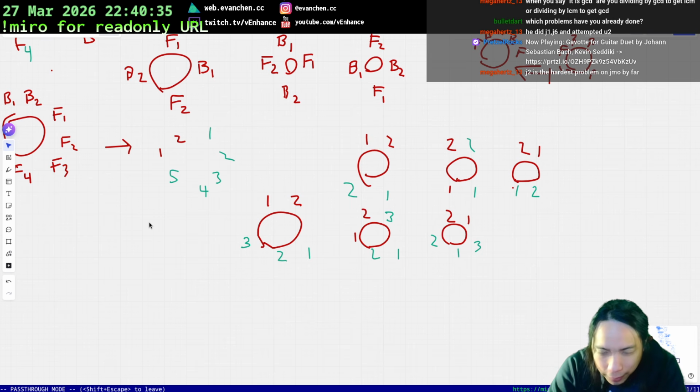You look at how many complete revolutions around the circle one made. That determines... Or maybe revolutions is not quite the way.